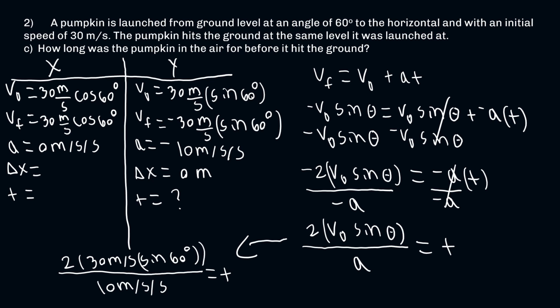So 30 sine 60 is going to end up being 25.98. Multiply that by 2, you're going to end up with around 52, or 51.96. Divide that by 10, and you're going to end up with your final answer. That is about 5.2 seconds. So my time here is going to be 5.2 seconds.